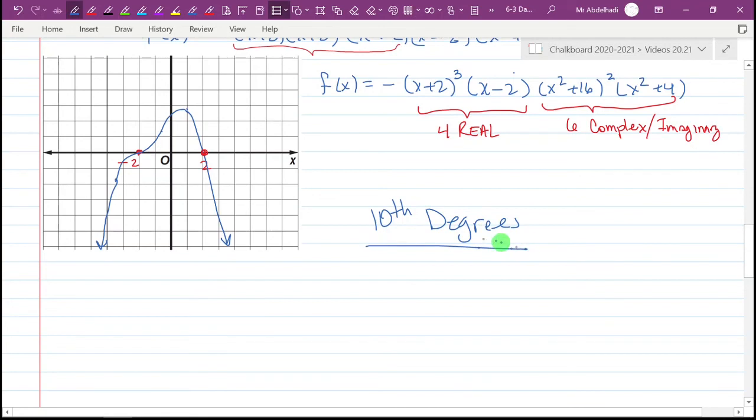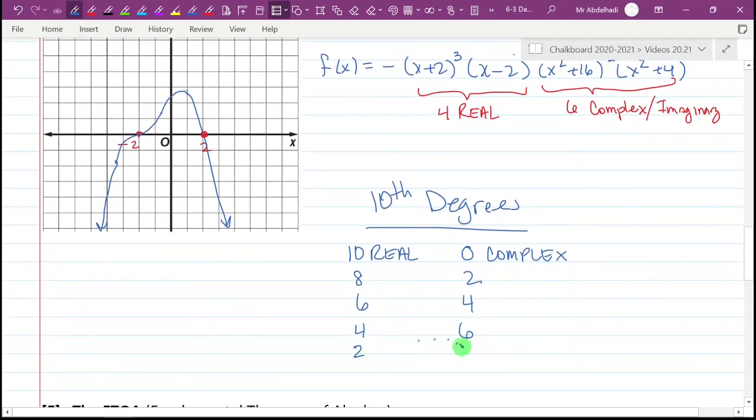Well, you would have 10 real and no imaginary, 0 complex. Or you could have 8 real with 2 complex, 6 real with 4 complex, 4 real with 6 complex, which is what we have up here, right? 4 and 6. 2 real with 8 complex, or no real but 10 complex.